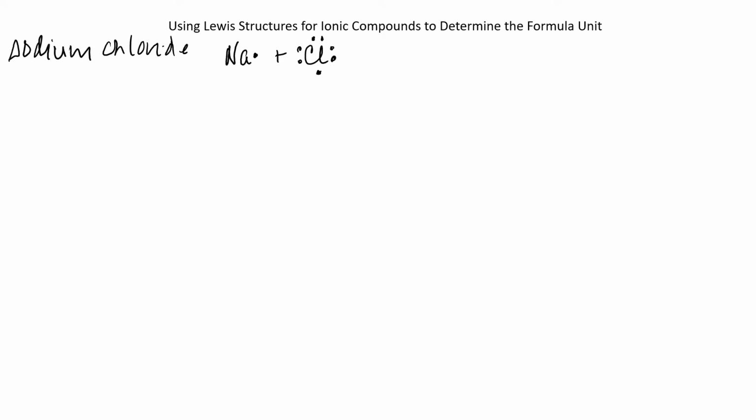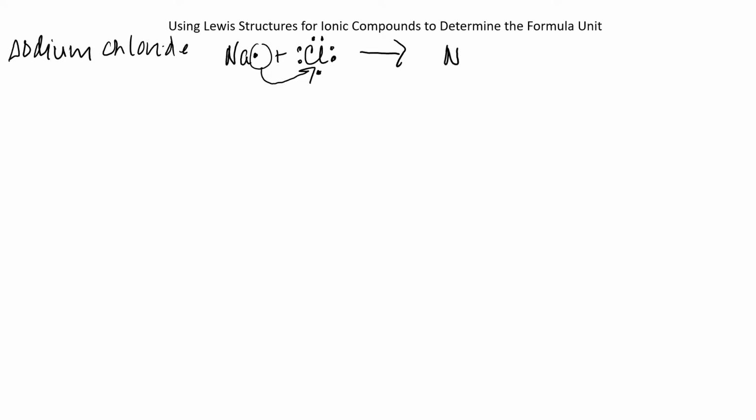And ion formation, if you recall, is driven by the stability that an ion accomplishes when it has the electron configuration of a noble gas. So metal atoms give up electrons, non-metal atoms gain them. So for the formula unit of sodium chloride to form, the sodium atom gives up its electron to the chlorine atom.